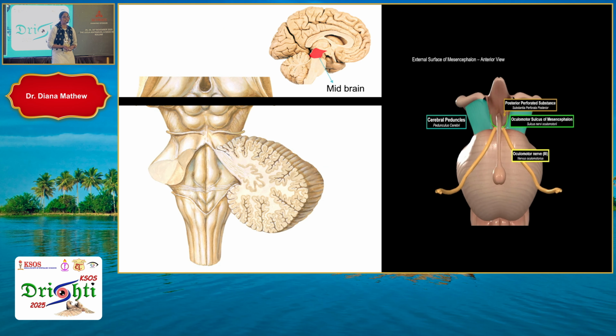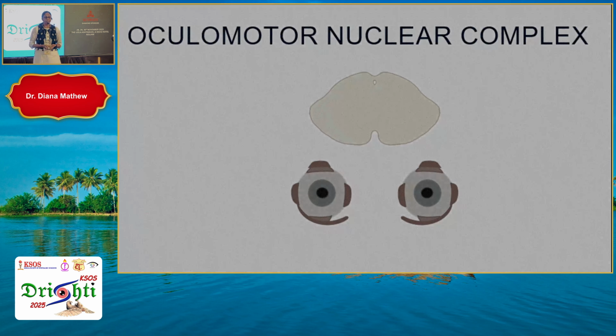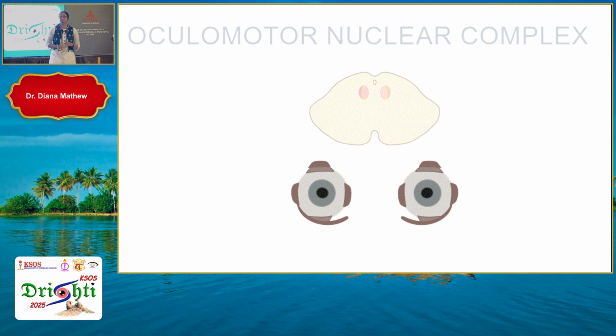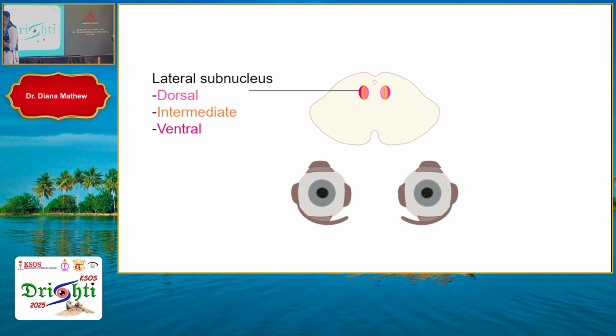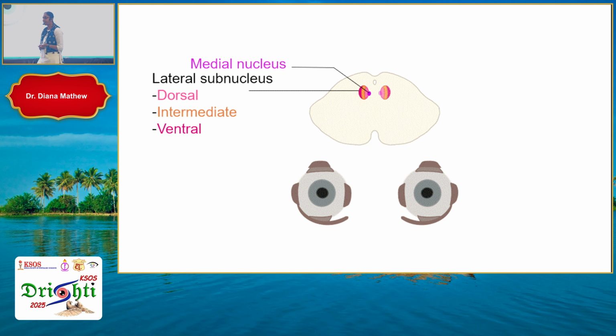Now we come to some details about oculomotor nuclear complex. Oculomotor nuclear complex is situated in the midbrain at the level of superior colliculus. It is related above to the floor of the third ventricle and the fourth nerve nucleus below. The main motor nucleus is composed of 3 subnuclei. They are lateral subnucleus, medial nucleus, and central nucleus.